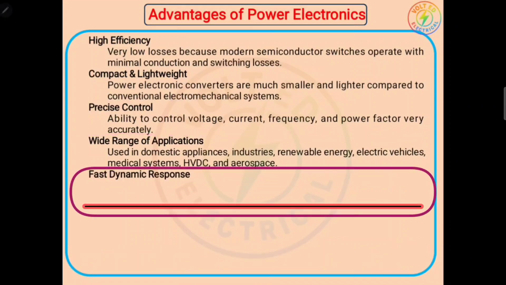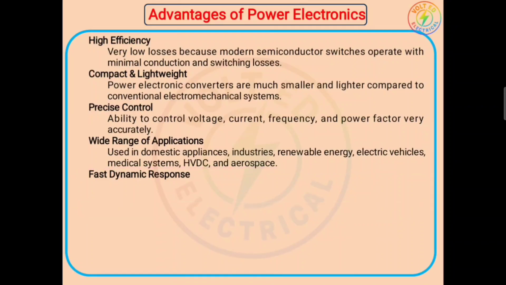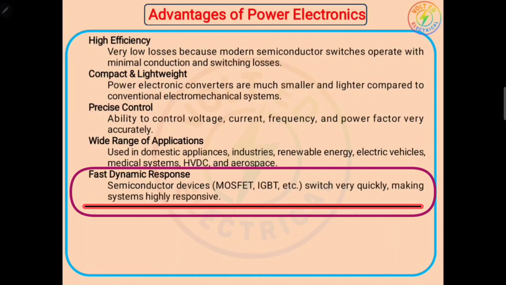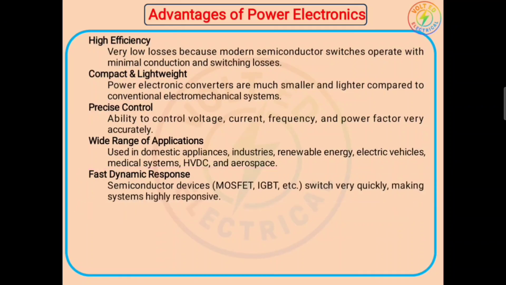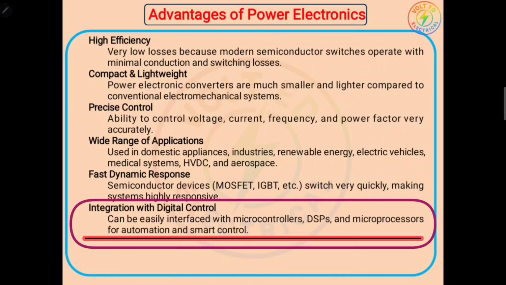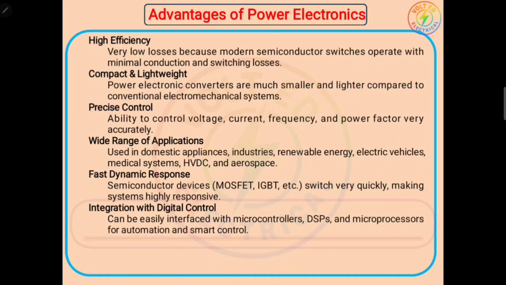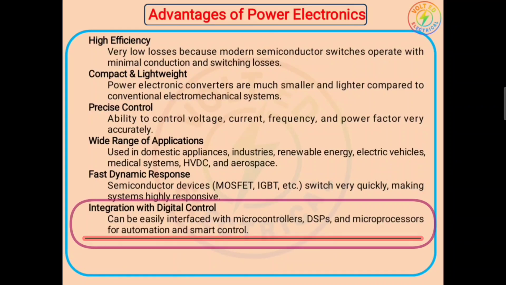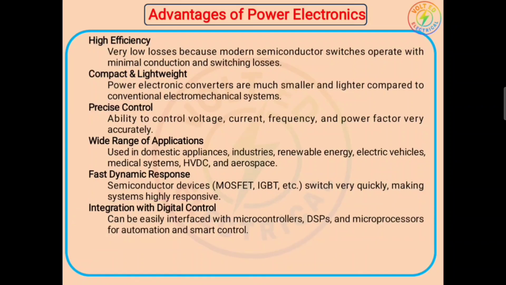Then the fast dynamic response. Semiconductor switches like MOSFET, IGBT etc. can turn on and turn off very quickly. Fast switching makes the systems highly responsive to changes in load or operating condition. Then the integration with digital control: power electronics can easily interface with microcontrollers, DSPs and microprocessors. These allow advanced features like automation, smart control and IoT based energy systems.